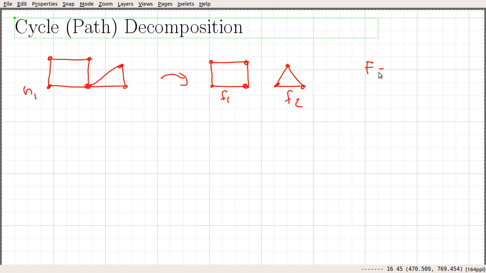So here our family consists of these two subgraphs, and again we can say that these two subgraphs are disjoint and it's a valid decomposition. The most important thing here is that this particular decomposition consists of only cycles, and such a decomposition is what is called a cycle decomposition.